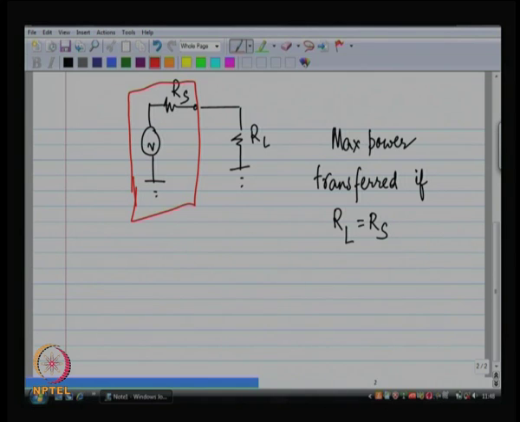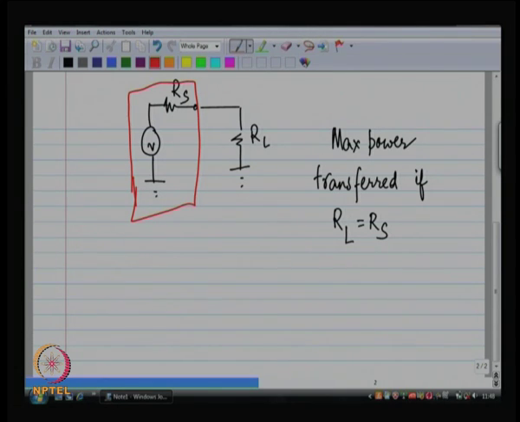It is unfeasible to think of a voltage source without any source resistance. So, this source resistance represents the source resistance that is inside the voltage source. It is unavoidable and you cannot change it. So, this is number 1, that the source resistance cannot be decoupled from the source.